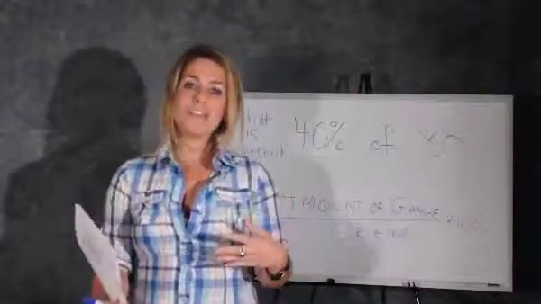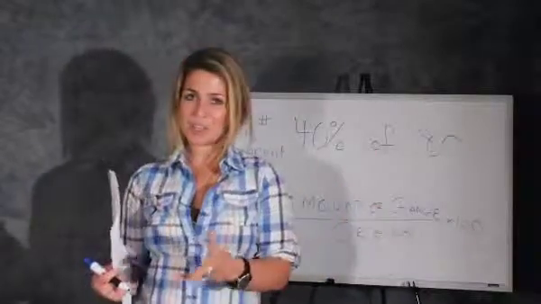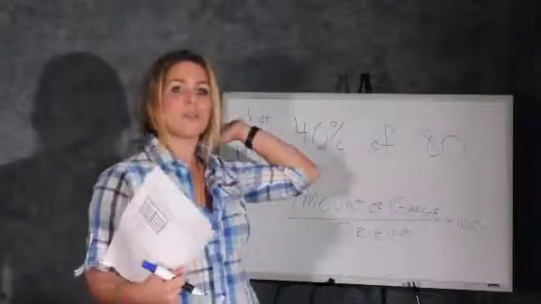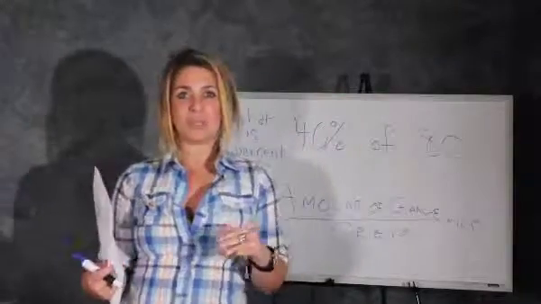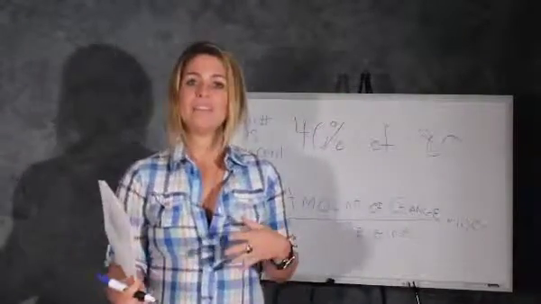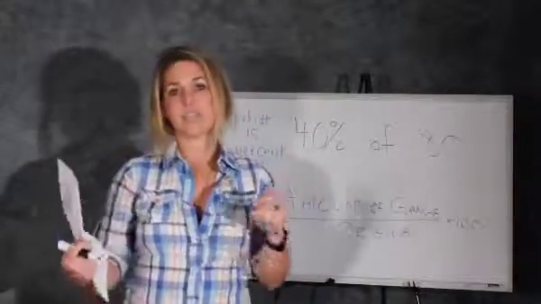So what we have here is a really easy way of doing everything from your most basic percent question all the way up to your level 5 tricky percent question and everything in between. The method that you want to use on the SAT is called percent translation.